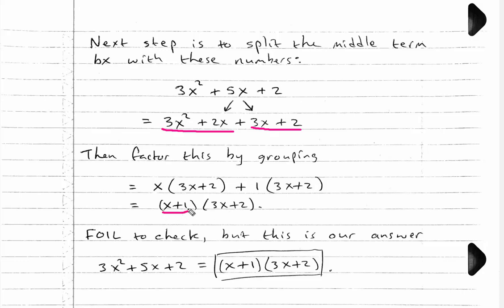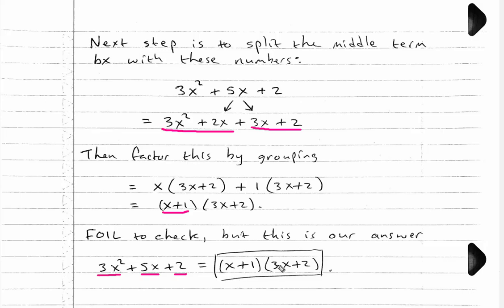All right, so those are the factors. And it's good to check. So x times 3x, that's 3x squared. 2x plus 3x is 5x. And 1 times 2 is 2. So foiling this out, we do get the original trinomial.